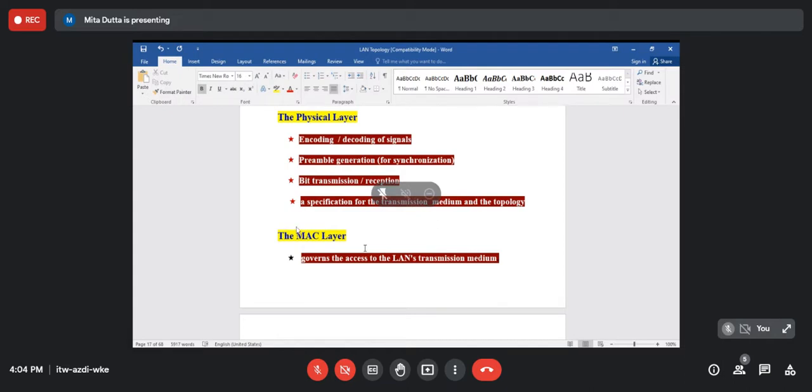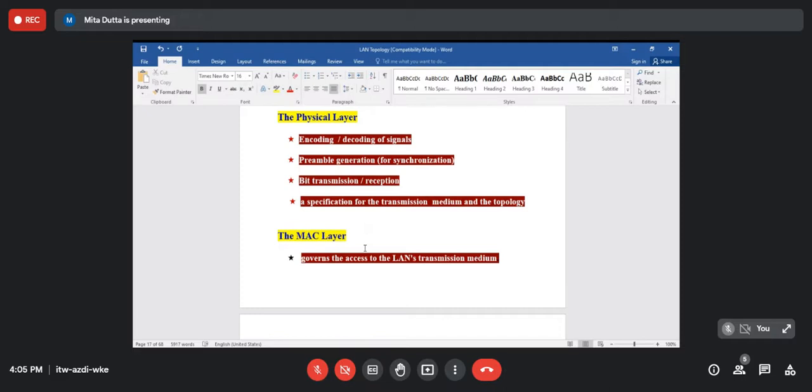One of the protocols is known as the CSMA/CD protocol, which is carrier sense multiple access with collision detection. Then there is a token ring protocol, then a round robin protocol, and a token bus protocol. And these protocols are used for different LAN topologies. Bus, tree and star use the CSMA/CD protocol, whereas ring uses the token ring protocol.